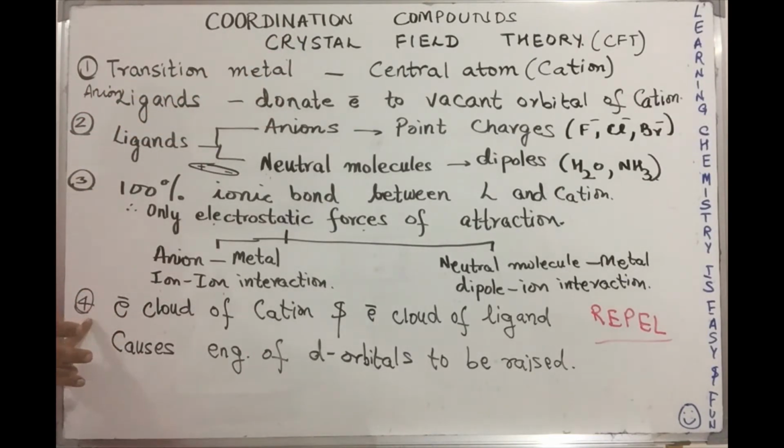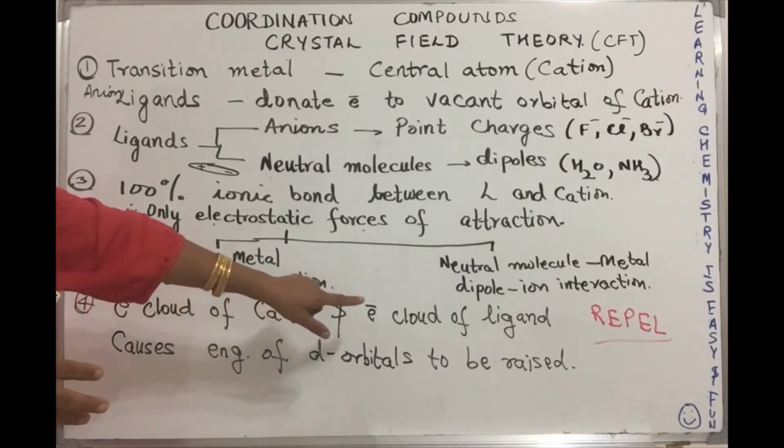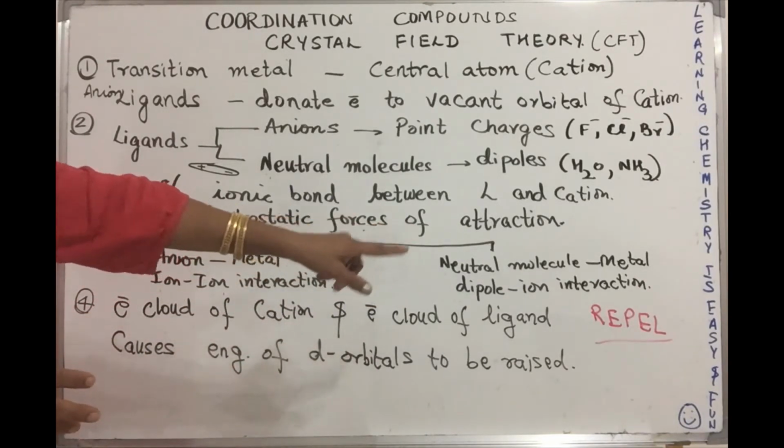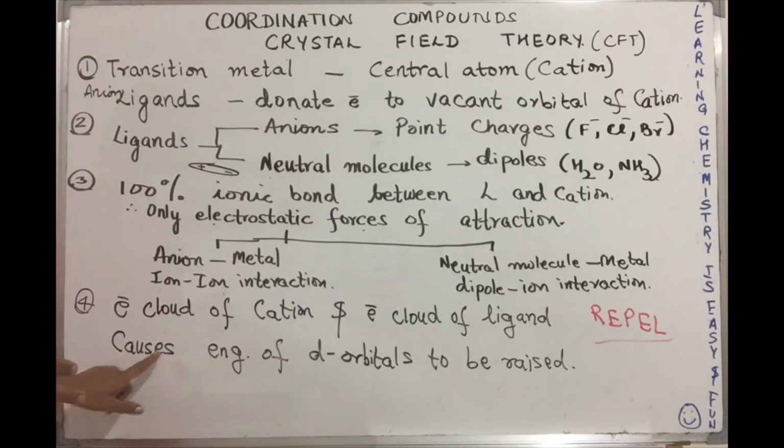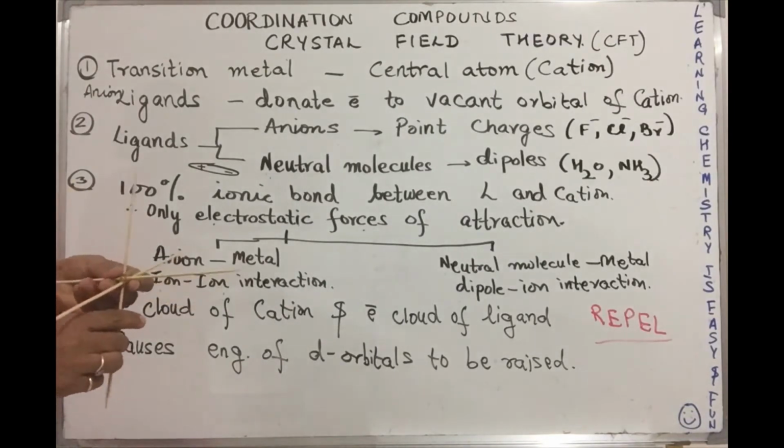So the fourth point says that the electron cloud of the cation and the electron cloud of the ligand repel each other, causing the energy of the d orbital to be raised. Now, when the energy of the d orbital is raised, how do we go about it?